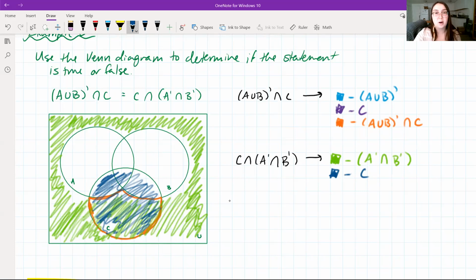So we want to see where our areas of green and blue overlap. If we look at a picture here, we can see that our areas of blue and green overlap in the same area that we had outlined in orange.